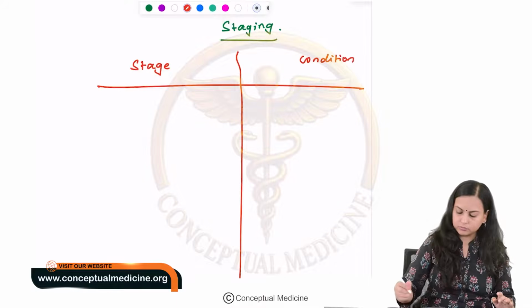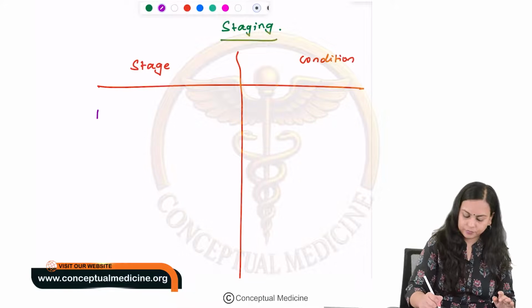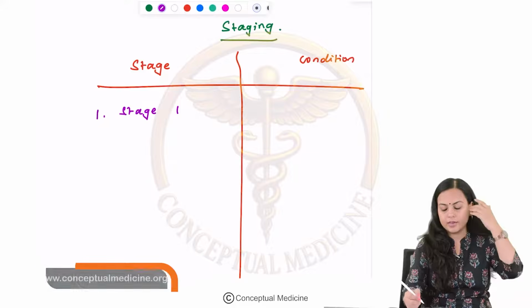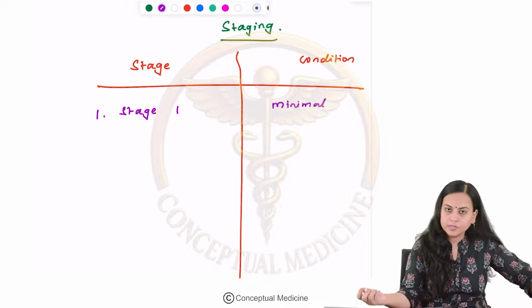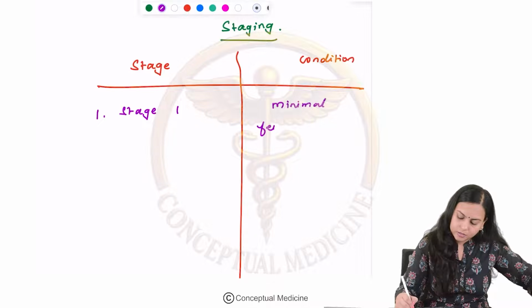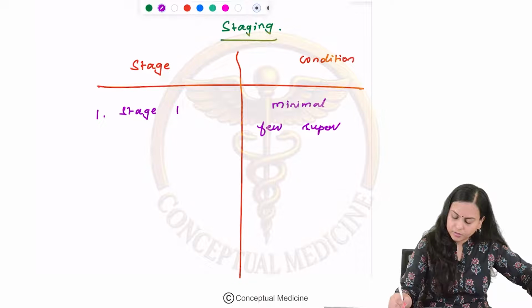Okay. So stage 1 is where there is minimal endometriosis and you have only a few superficial implants.